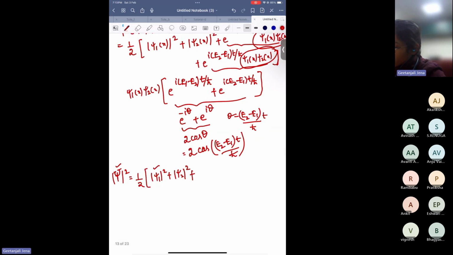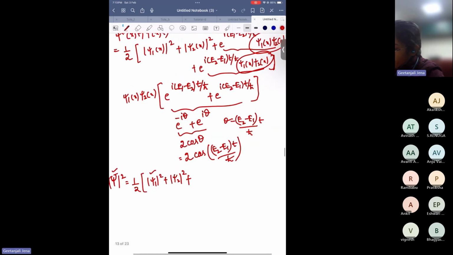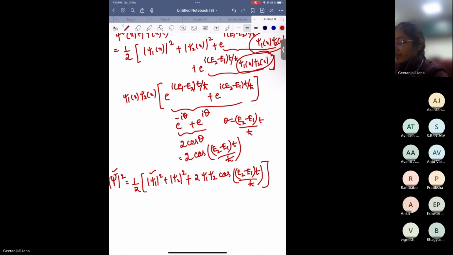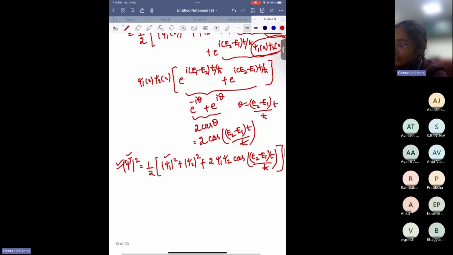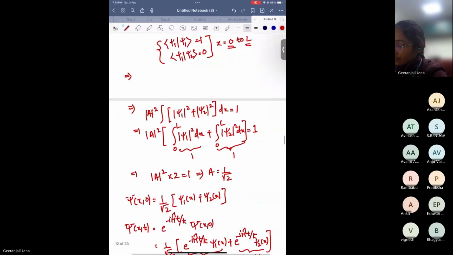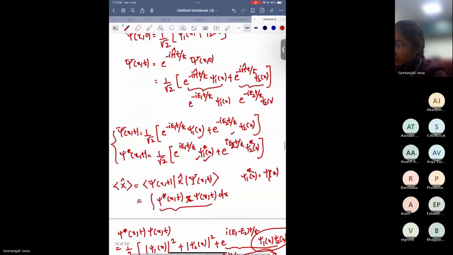And the third term will be 2 times psi1 psi2 cos (E2 minus E1) t by h cut]. Now you have to just put this form in the integral.